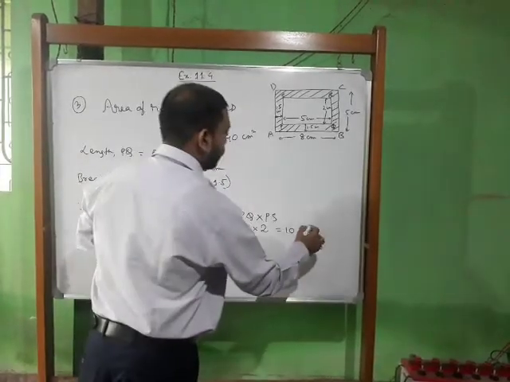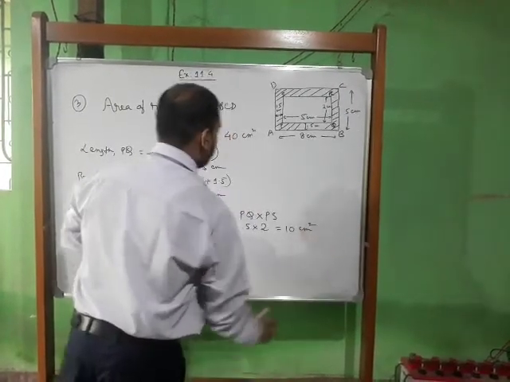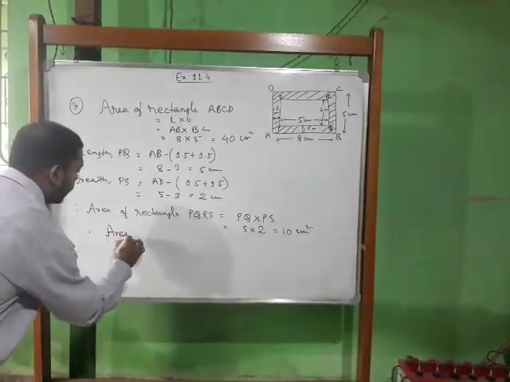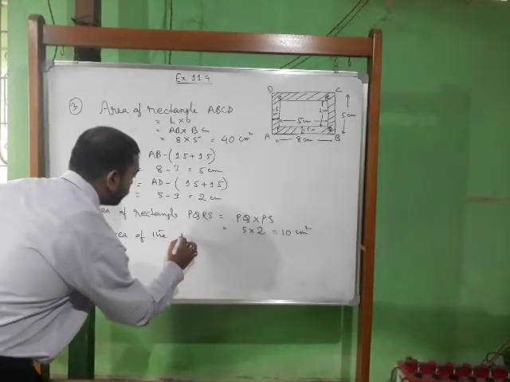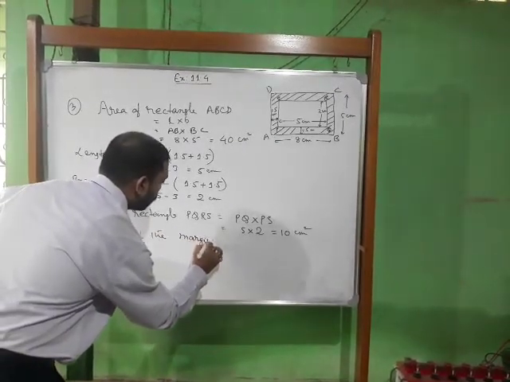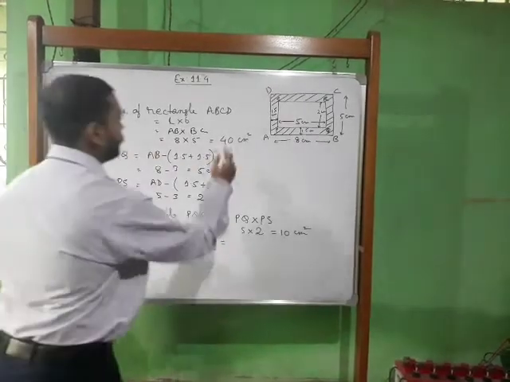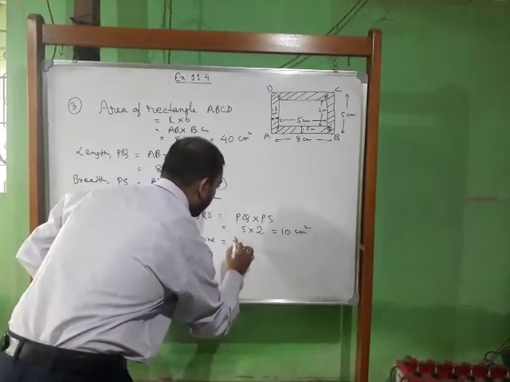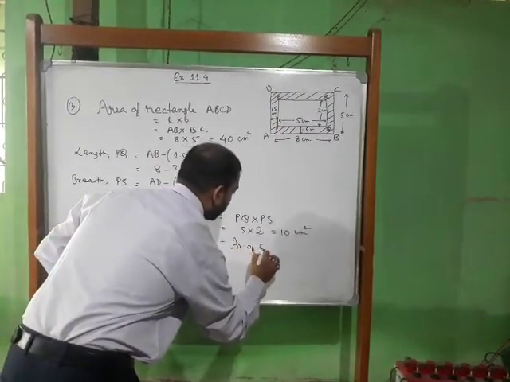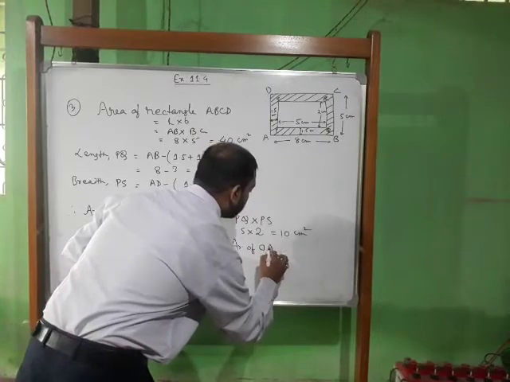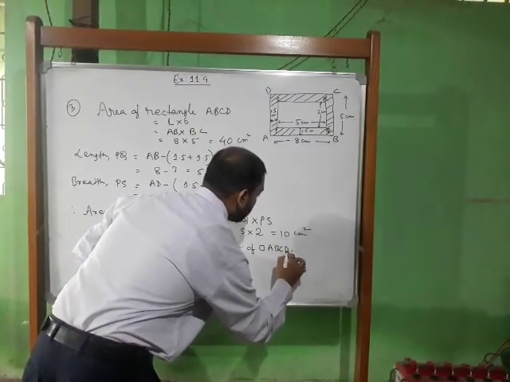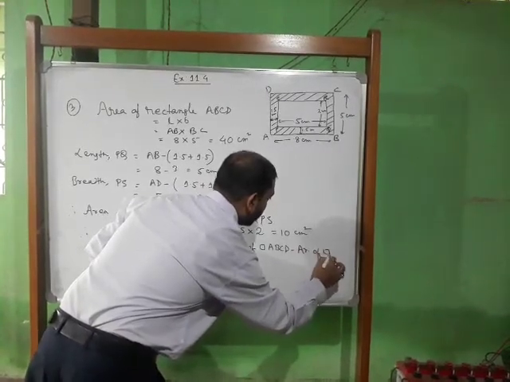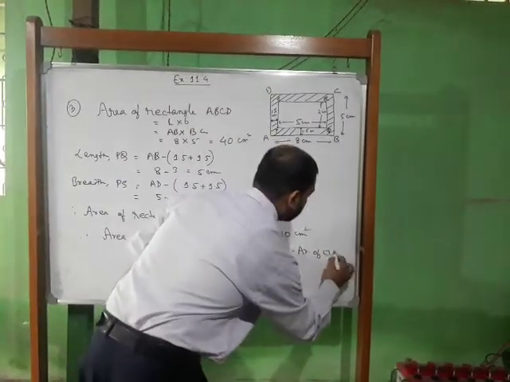Now we have to find out the area of this margin. Therefore area of the margin is equal to area of rectangle ABCD minus area of rectangle PQRS.